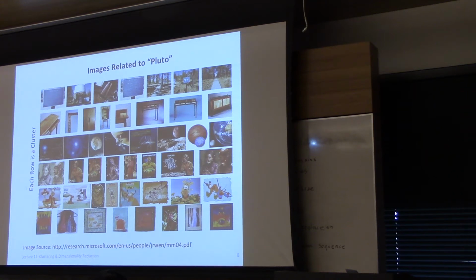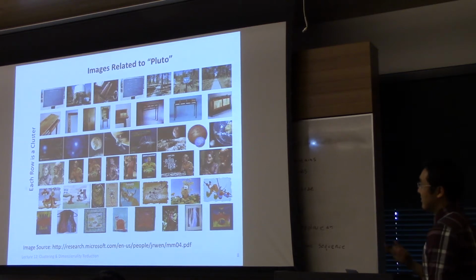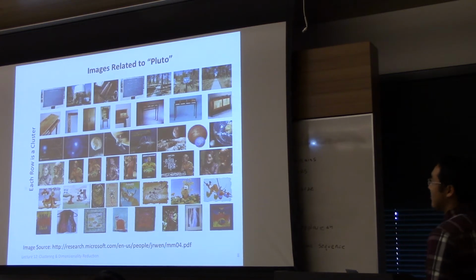The top one, I actually don't know exactly what that refers to. This is an old furniture brand, The Planet, some really old movie, the cartoon dog, and so on and so forth. These are clusterings of images returned when you do an image search for the word Pluto. As you can see, at least in this example, which was admittedly a little cherry-picked, the clusters make sense.